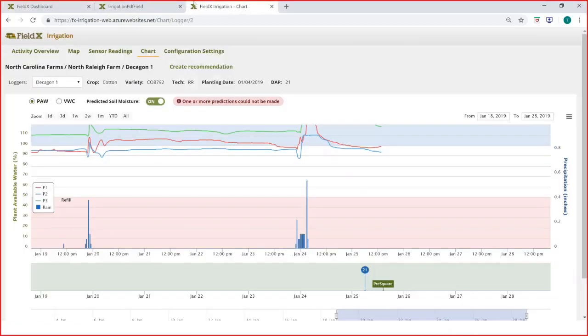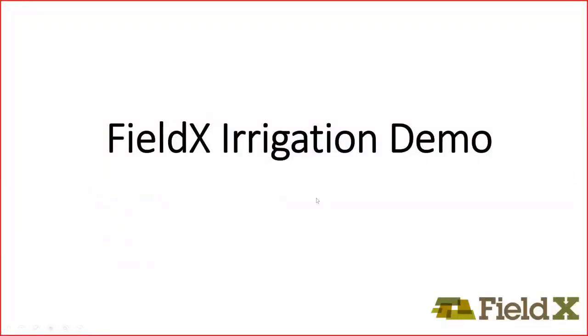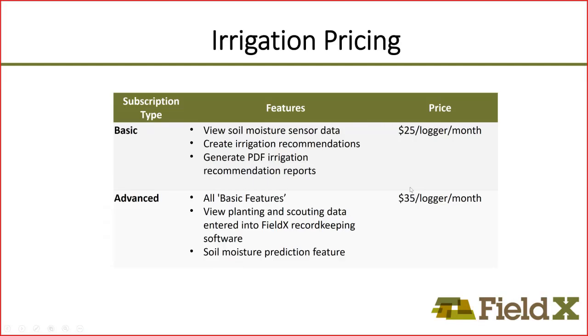Okay, so that's a real quick overview of the functionality. Now I'm going to go back into the slides for just a minute here and talk through what we're looking at with pricing. Now, there are two tiers for pricing on FieldX irrigation.